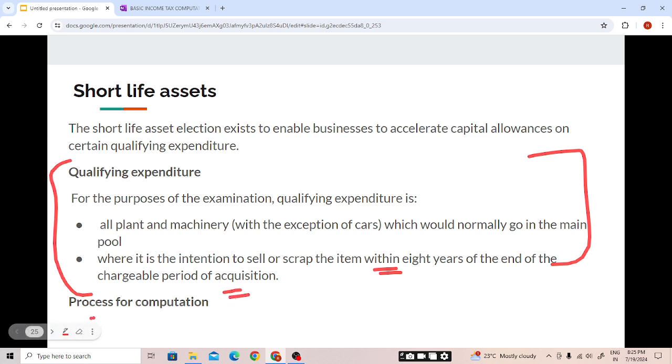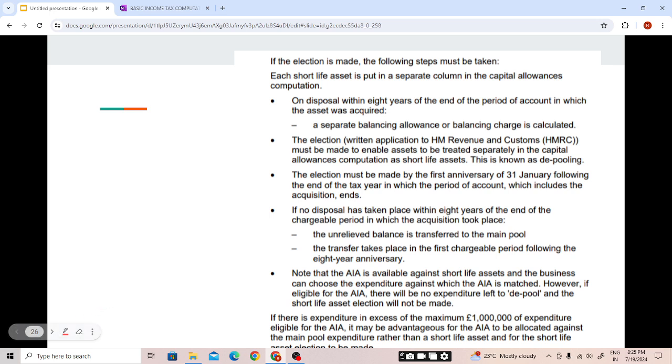Now the process for computation, how we will compute the short life asset. It is the same, students, because it is like the main pool, follow the main pool procedure. But when coming to the short life asset pool, it is the third priority for AIA.